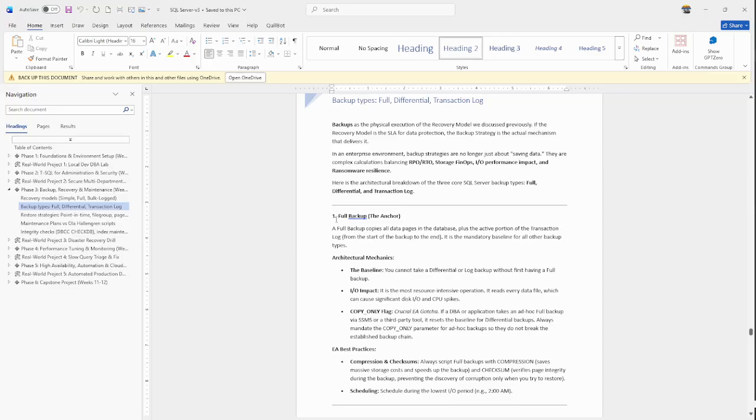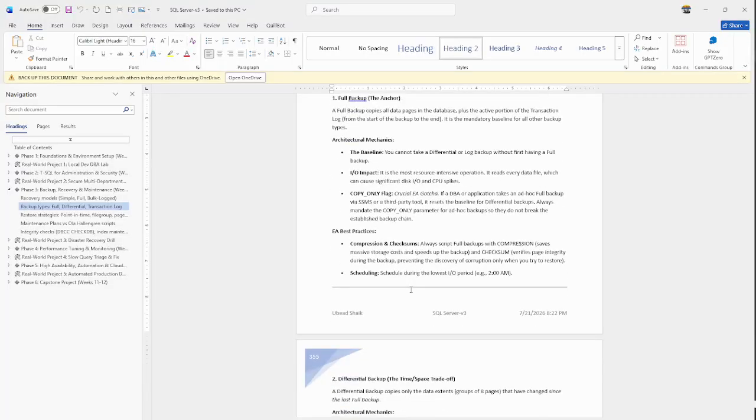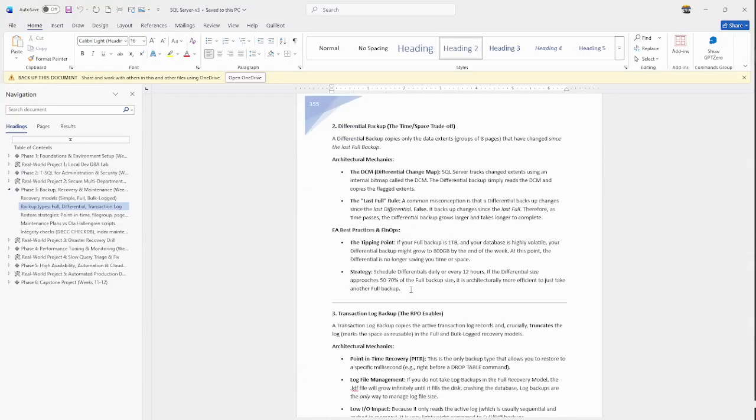Differential means whatever difference you have, only that it will copy. And transaction log is whatever transactions you are doing, it will create a copy of that.